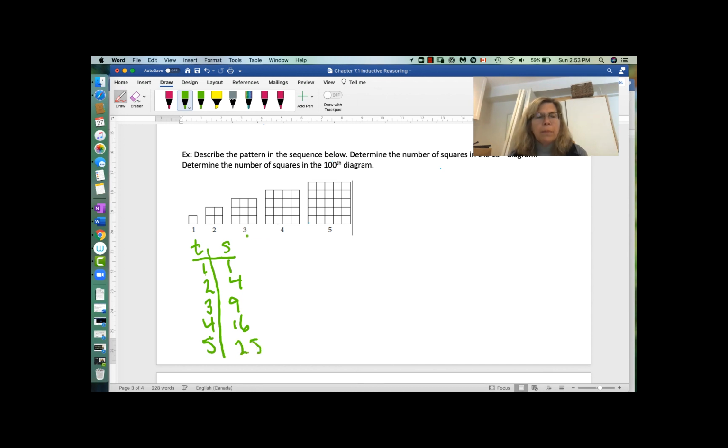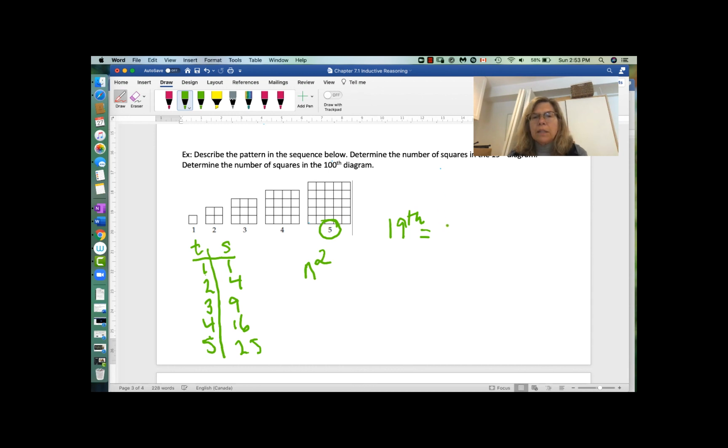Okay, so what's happening here then? This is pretty straightforward. So that means that for whatever term you have, your diagram is going to be that term squared. So if we want to find out the 19th diagram, what's that going to equal?